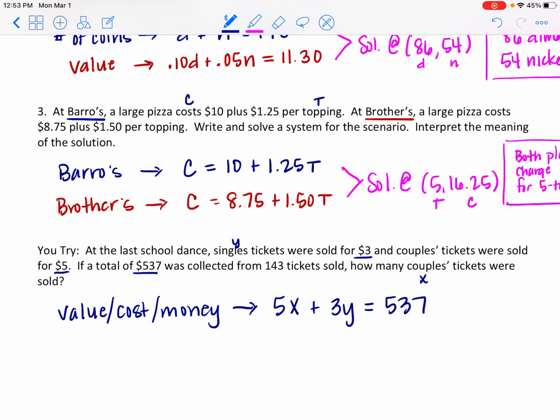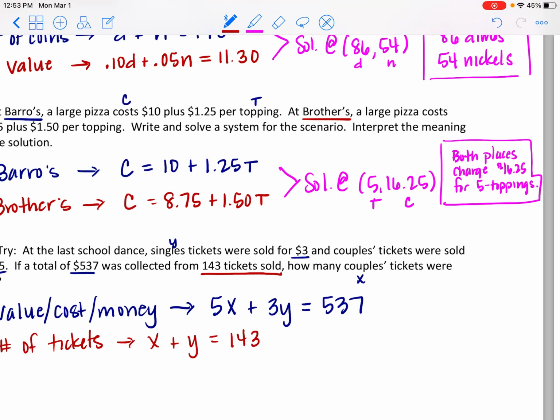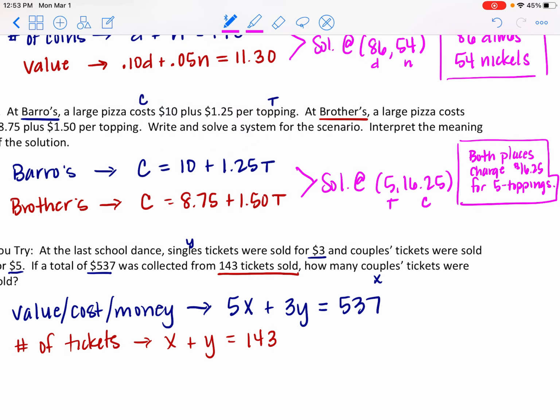So we want to make one equation where we put all the money together. Now the other bit of information they're telling us is that there were 143 tickets sold. So we're going to make another equation for the number of tickets sold. We don't know how many were couples or how many were singles, but altogether the couples and singles tickets is 143. So now we have our system, and now we can go to Desmos to solve.